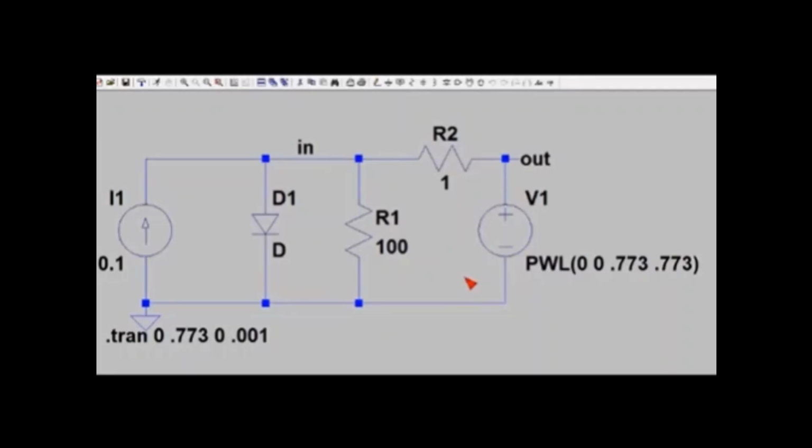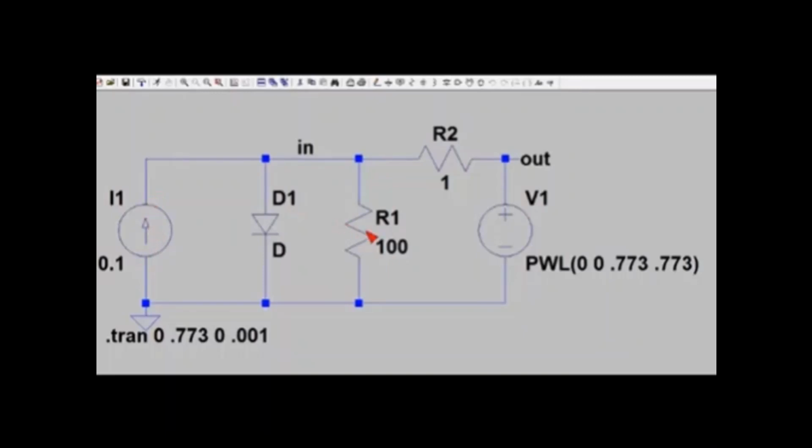Here I'm in my LTspice program, and I've set up an electrical model for the solar cell. This diode D1 is the PN junction diode, and this current source is a measure of the light intensity that the solar cell receives. So the more light, the greater the current flow in this current source.